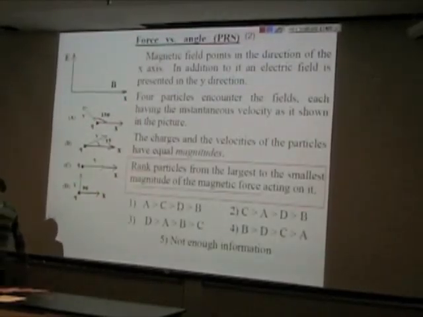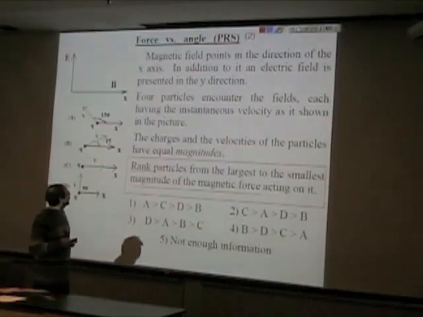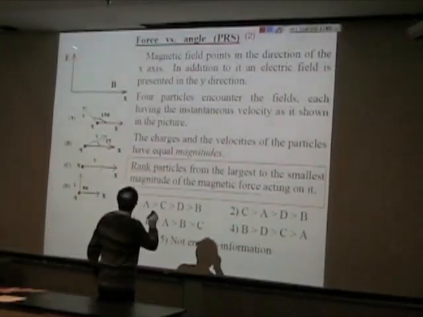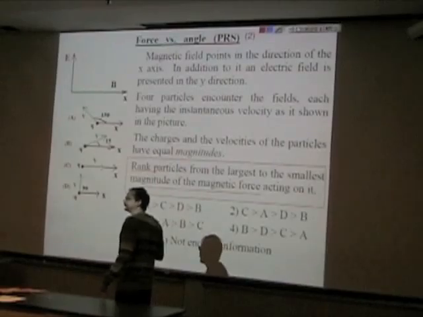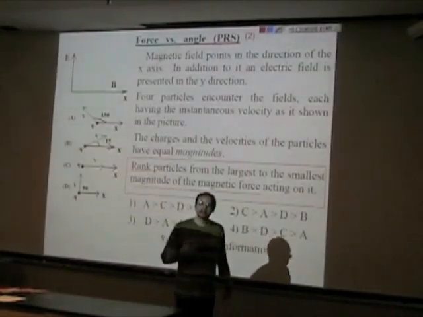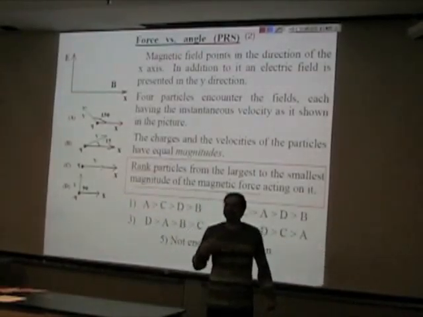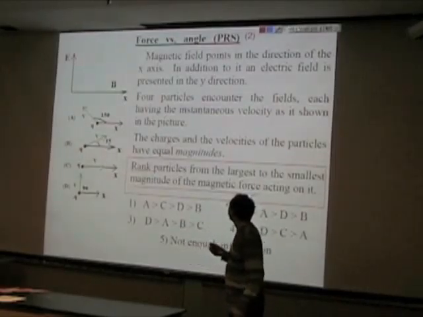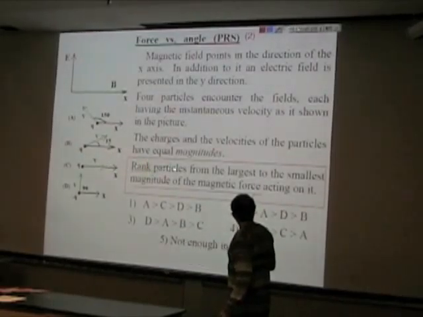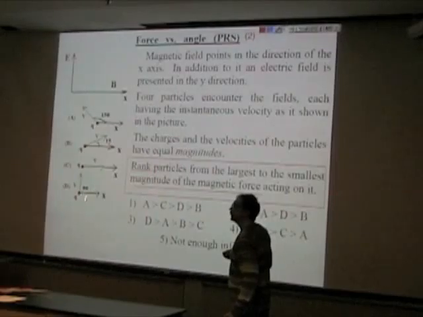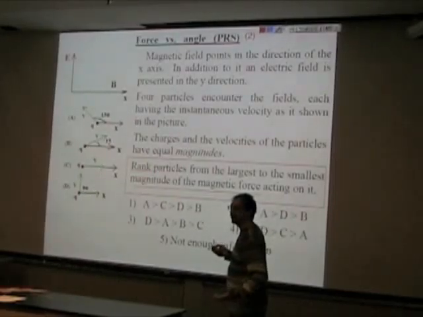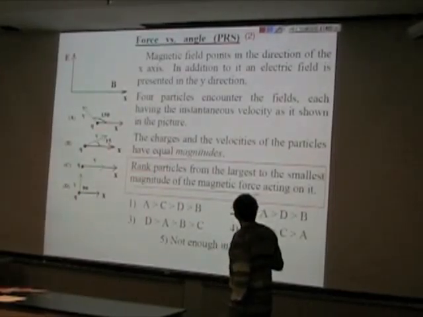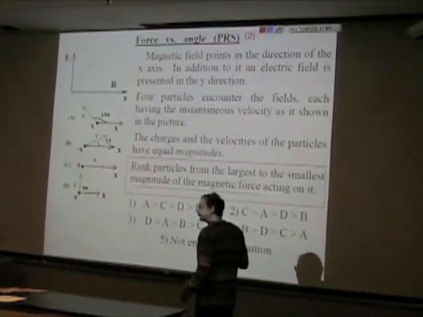So now read this question, please. Now, a magnetic field is presented, and an electric field is presented. And we have to rank particles, well, the same particles, same magnitude of the charge in the same magnetic field. We have to rank from largest to smallest magnitude of magnetic force acting on it.